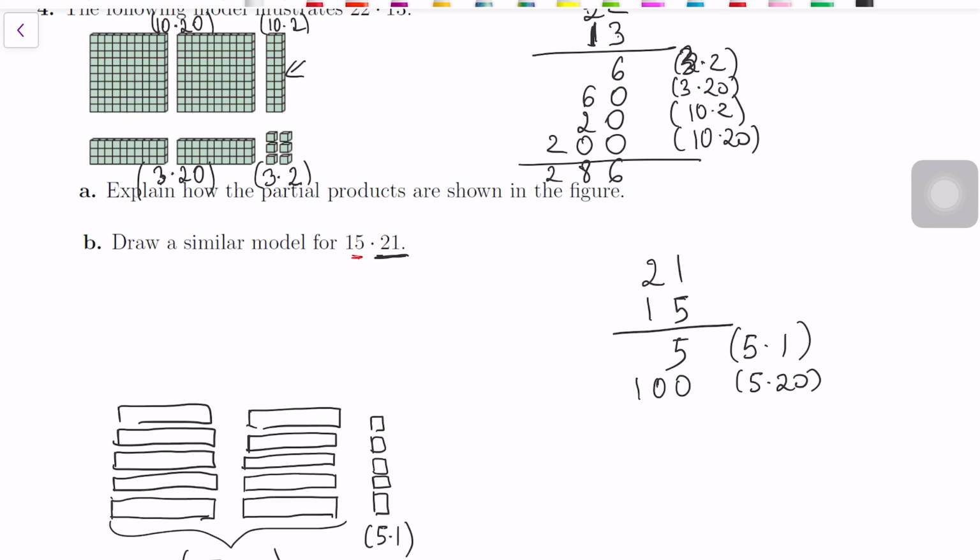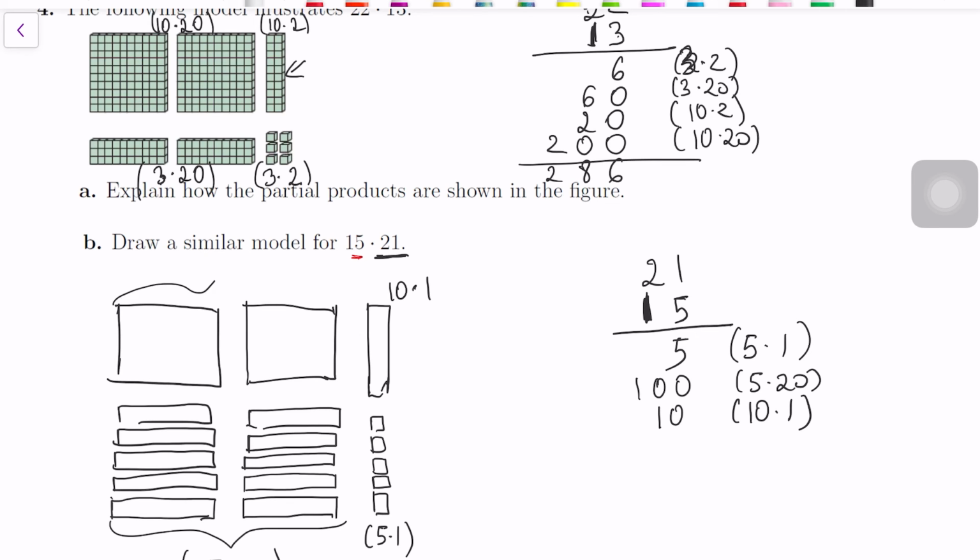Then now I have to multiply by 10, because 15 is 10 plus 5, right? So that 10 here. So then 1 unit now will become a long. So this is 10 times 1. And then each long multiplied by 10 will give me a flat.